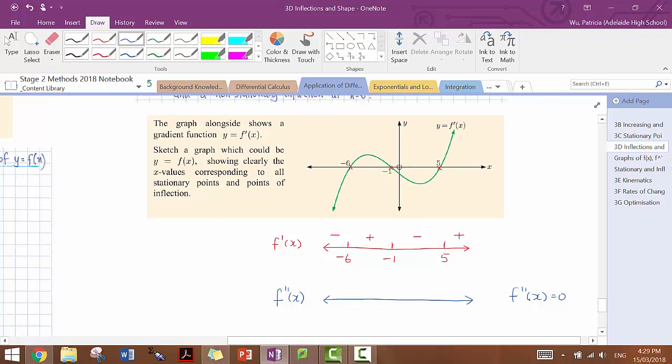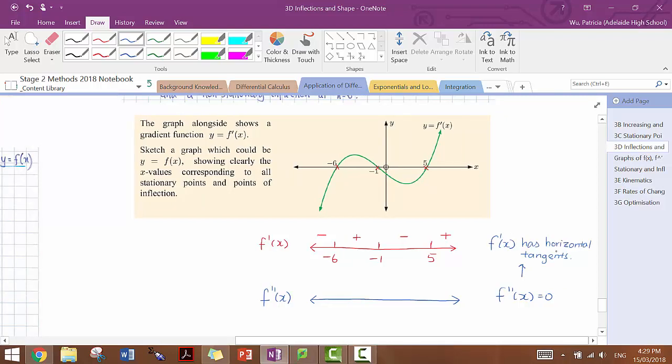So I'm essentially looking for the places where the first derivative is having a horizontal tangent, because those are the places where the derivative of the f dash x is a 0, and the derivative of f dash x is essentially the second derivative. So if I look for those points where it's got a horizontal tangent, those are the stationary points of the f dash x.